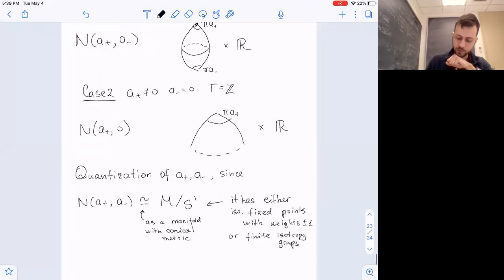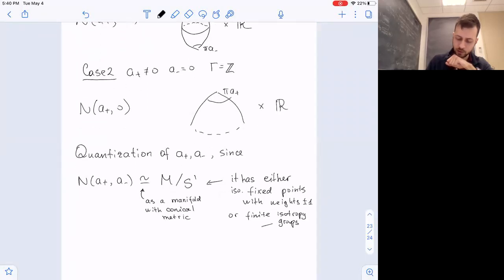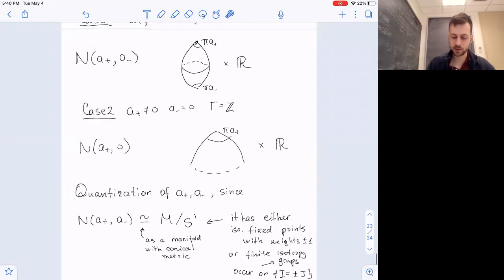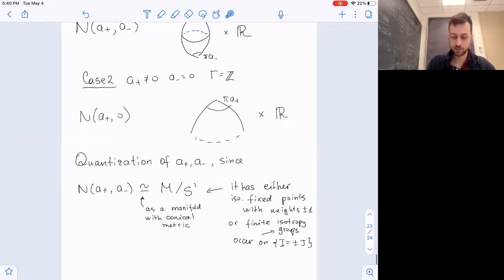And finite isotropy groups, they occur on the locus I equals plus or minus J. So whenever you have a finite isotropy group of S1 action on a codimension 1 divisor and you take the S1 quotient, you exactly encounter a conical singularity like this, cone angle times an interval. But this angle will be special.